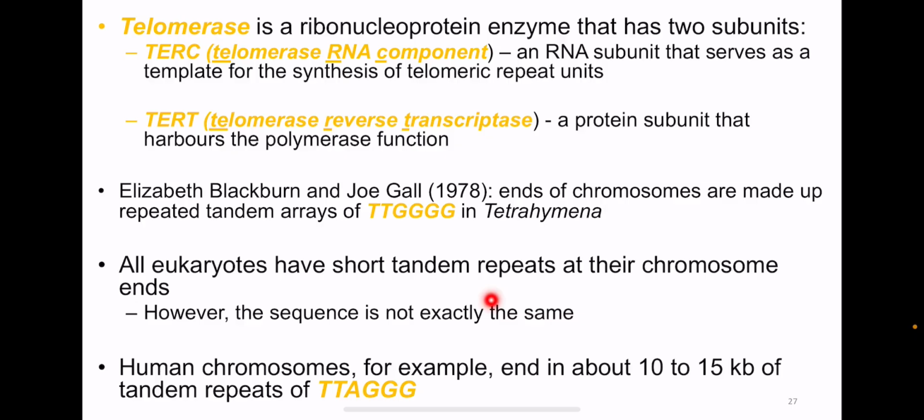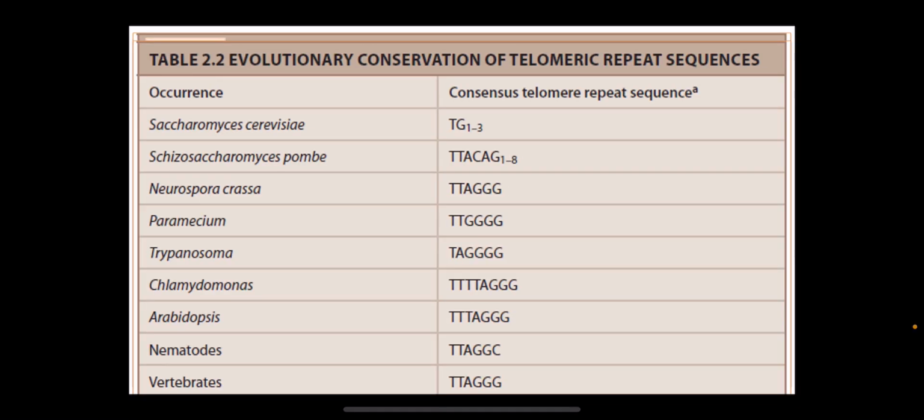These are repetitive sequences that you will find at all chromosomal ends. All eukaryotes have short tandem repeats, and though they are not exactly the same, when you see them you will know that this is the end of a chromosome. I think there's a table here showing the different end repeats in different organisms.